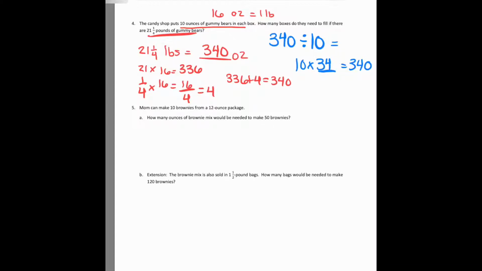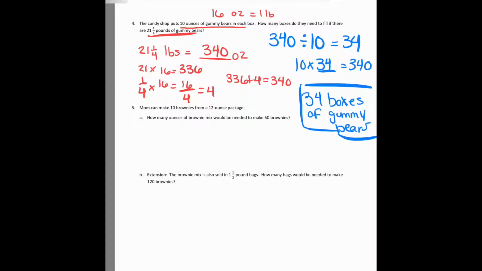Well, 34, because if you multiply by 10, you just have to add the 0. So that means 340 divided by 10 is 34, and that means there's 34 boxes of gummy bears that you could fill with that 21 1/4 pounds of gummy bears.